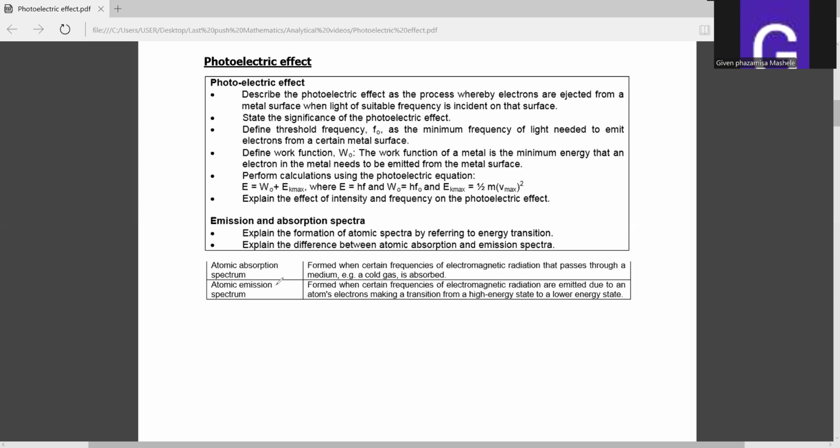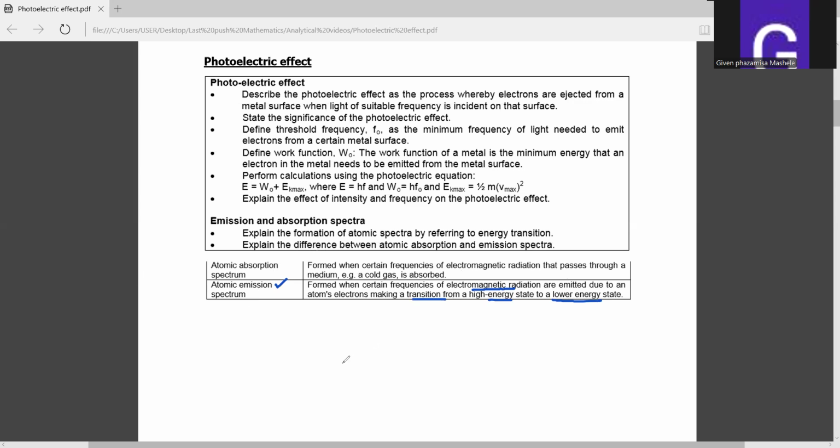An emission spectrum is a spectrum that is formed when certain frequencies of electromagnetic radiation are emitted due to the atom's electrons making a transition from a higher energy state to a lower energy state. If there's a transition in terms of energy level, that is called an emission spectrum. How does this occur, guys?